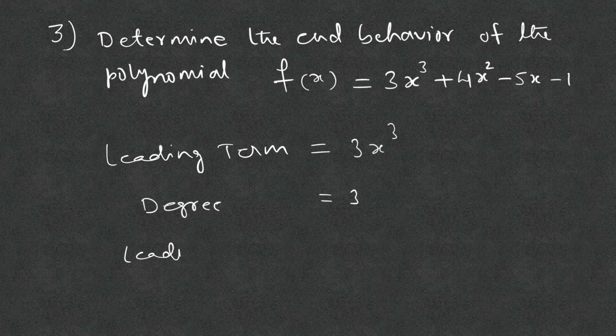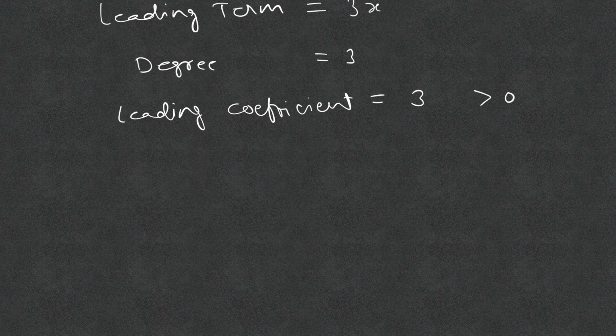Leading coefficient is 3, a positive number. Here, the degree is an odd number. And so the graph falls to the left, rises to the right.